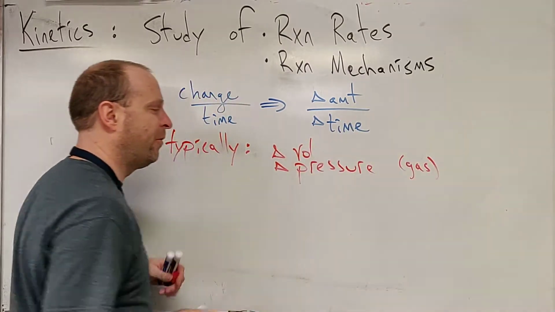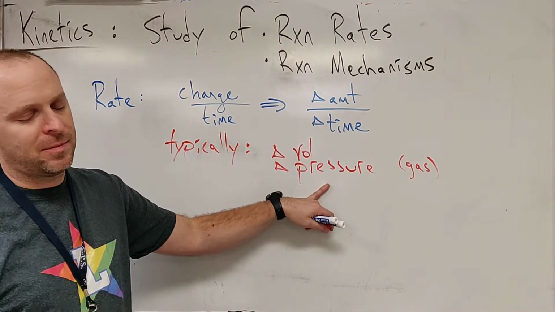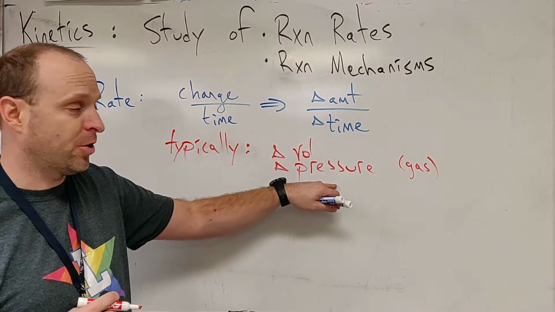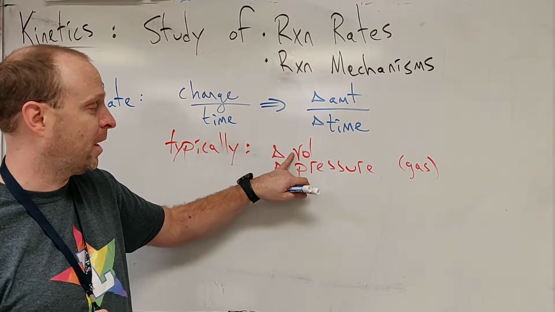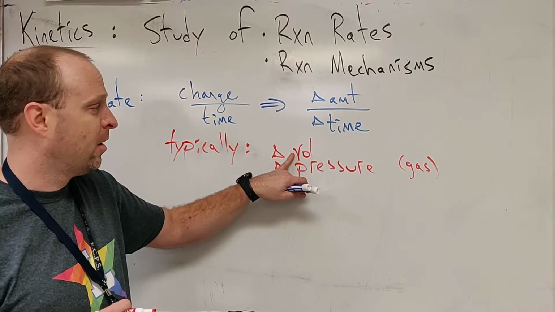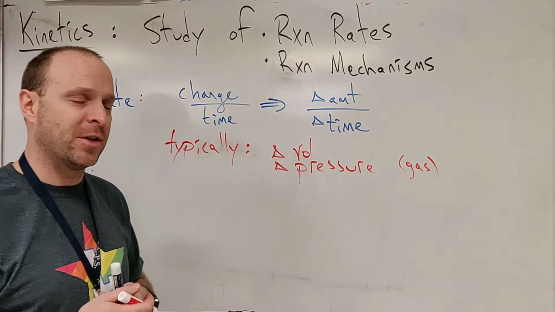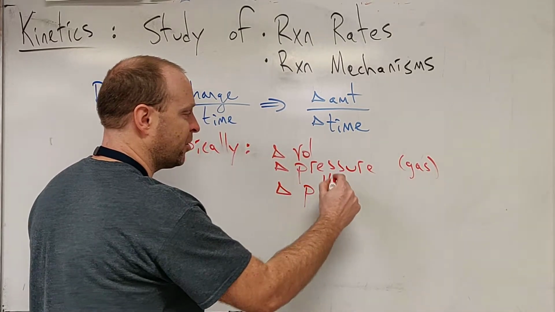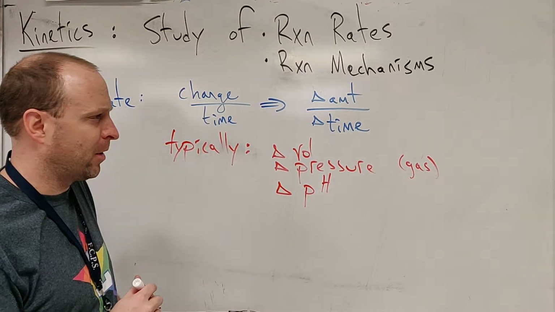If you're forming a gas, say from the decomposition of a metal carbonate, you can measure a pressure change, or you can have a constant pressure container where you measure a volume change, and that's pretty reasonable to do. With acids and bases, you might get a change in pH, which is pretty directly measurable and not a big deal.